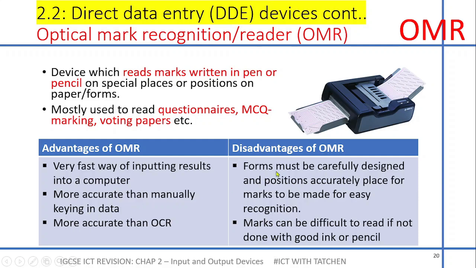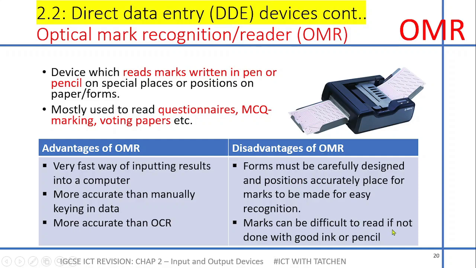That is true. For disadvantages, forms must be carefully designed and positions accurately placed for marks to be made for easy recognition. Yes, so this is a disadvantage. If the forms are not carefully designed, and also if you make marks in a different place, they might not record that as a mark, so you can lose marks from just putting them in a wrong position.